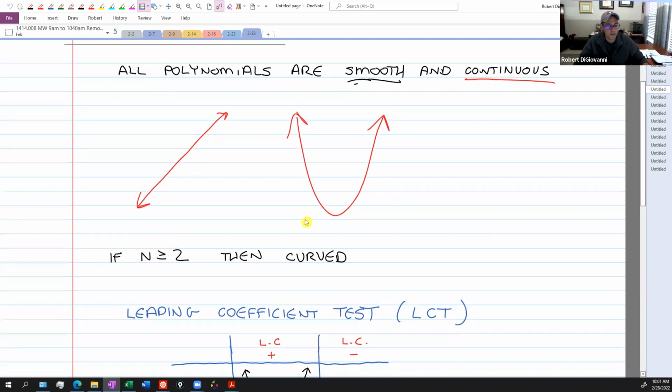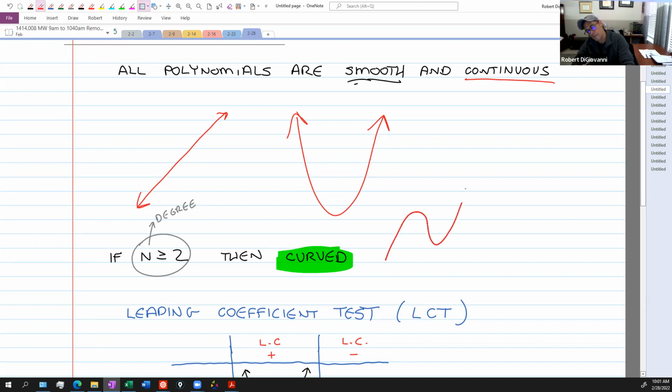Now, remember this n stands for degree. If the degree of the polynomial is bigger than or equal to 2, then I guarantee that the graph will be curved looking. So it'll be curvy, which means these things will start to look like this, or maybe like this, or maybe like that.